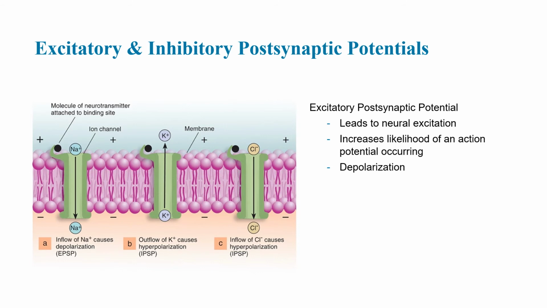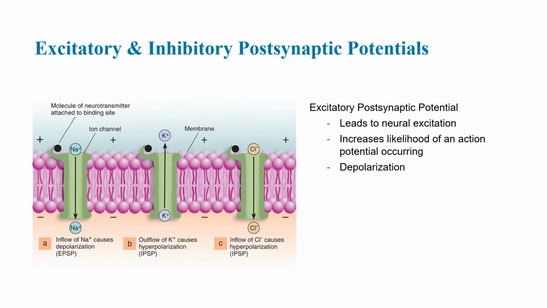Okay, so what we're going to get to now is a couple things relating to what we were just talking about. And that is what's going on with these neurotransmitters and what they're opening up.